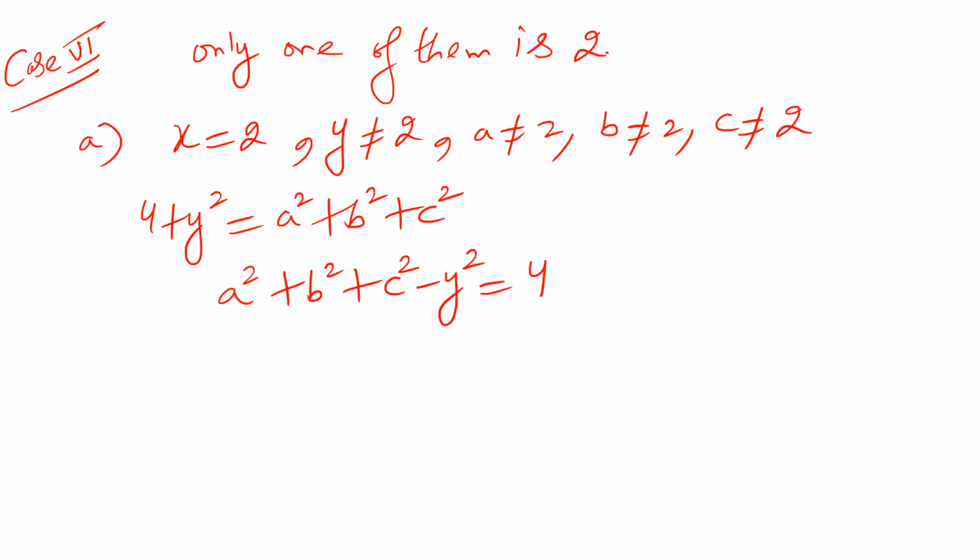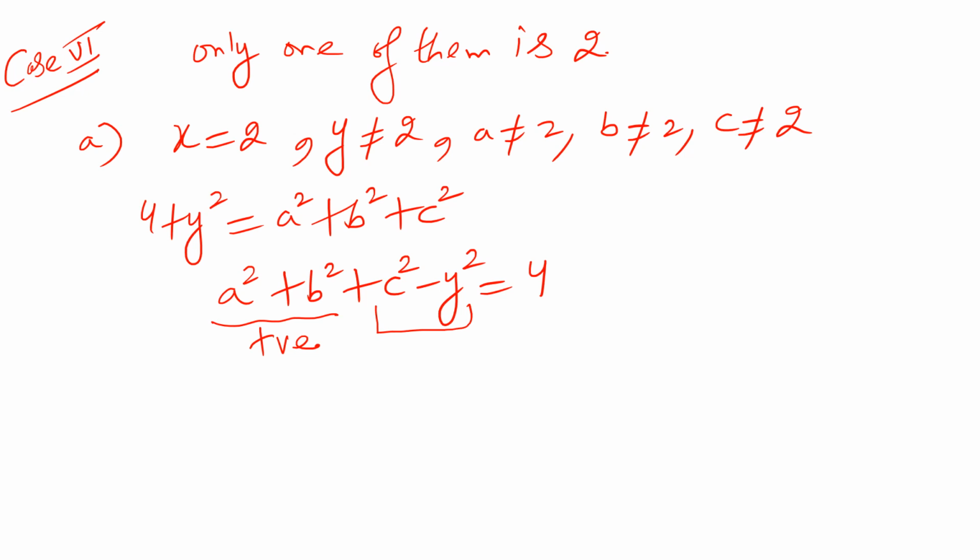Right? Now students, we know that among these four variables a, b, c and y, none of them is 2 now. So that means they will start from 3. The minimum value of these prime numbers can be 3. So just look at this particular part. This is already positive, because it is the sum of the squares of two prime numbers, and this is the difference of two squares of two prime numbers.